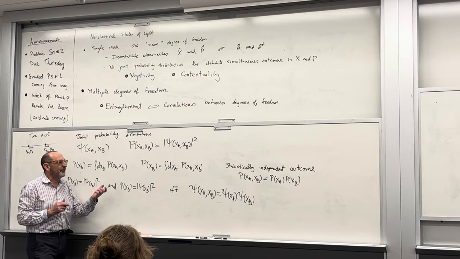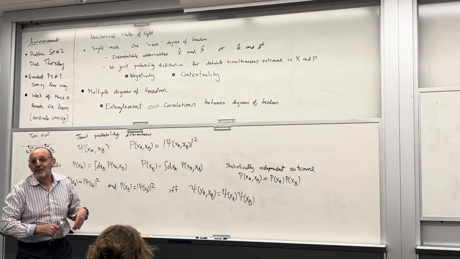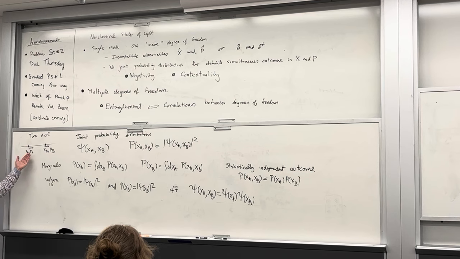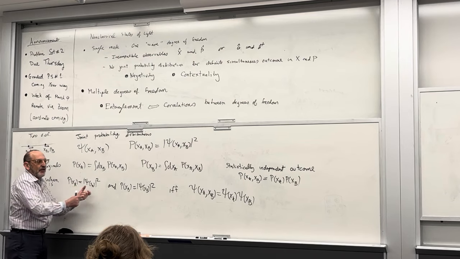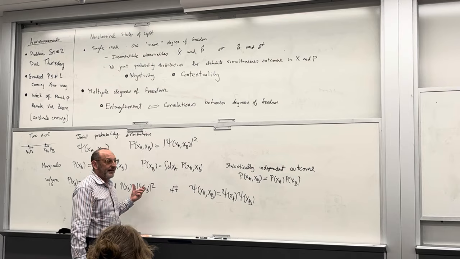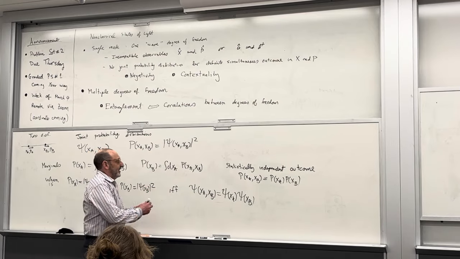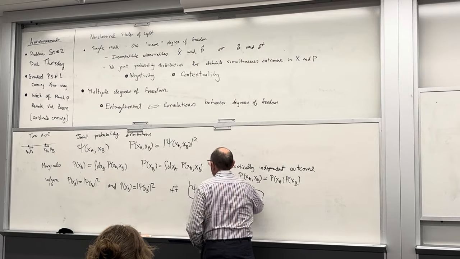But it has to also be true for any measurement that I could do on this. I could have done a momentum measurement on A and a momentum or whatever I wanted to do. And the question is, when can I write the joint wave function that describes this as a product state if and only if this factorizes, okay?